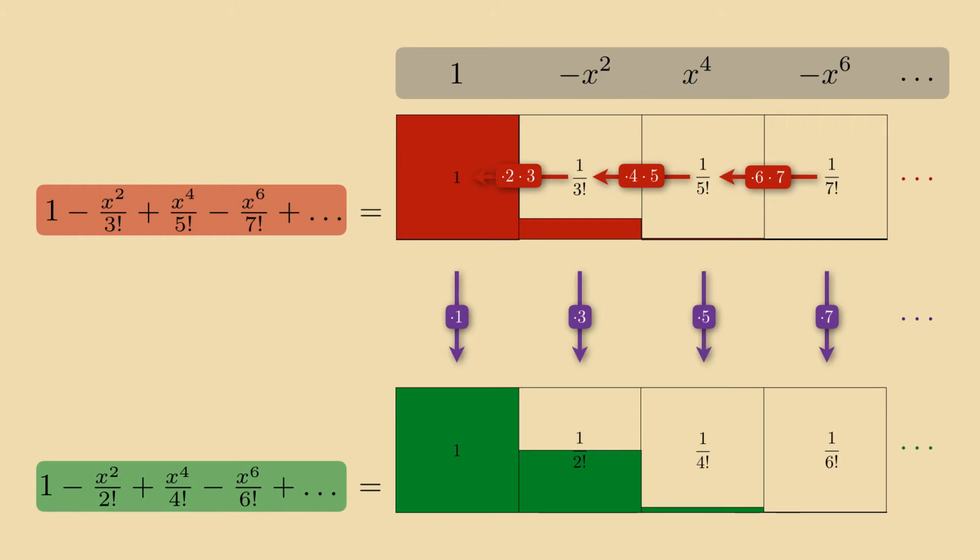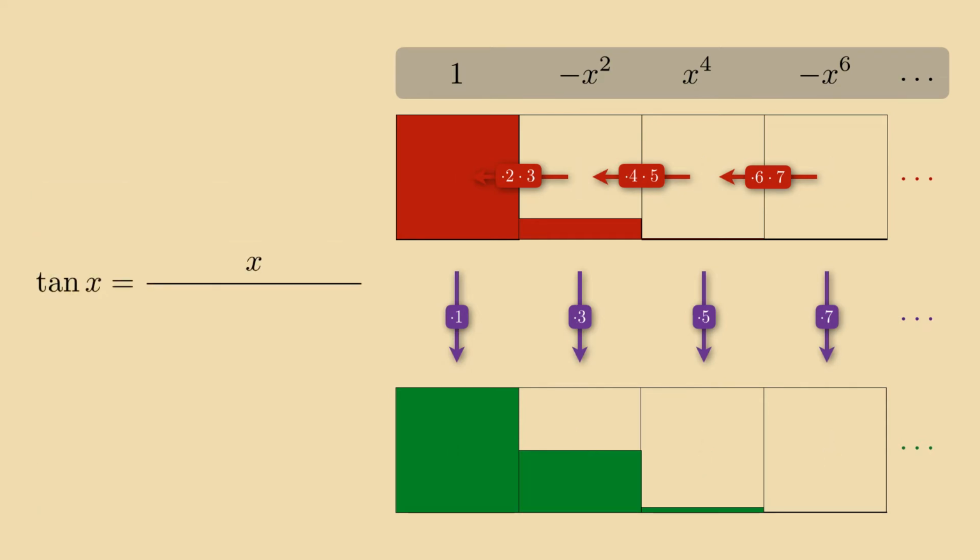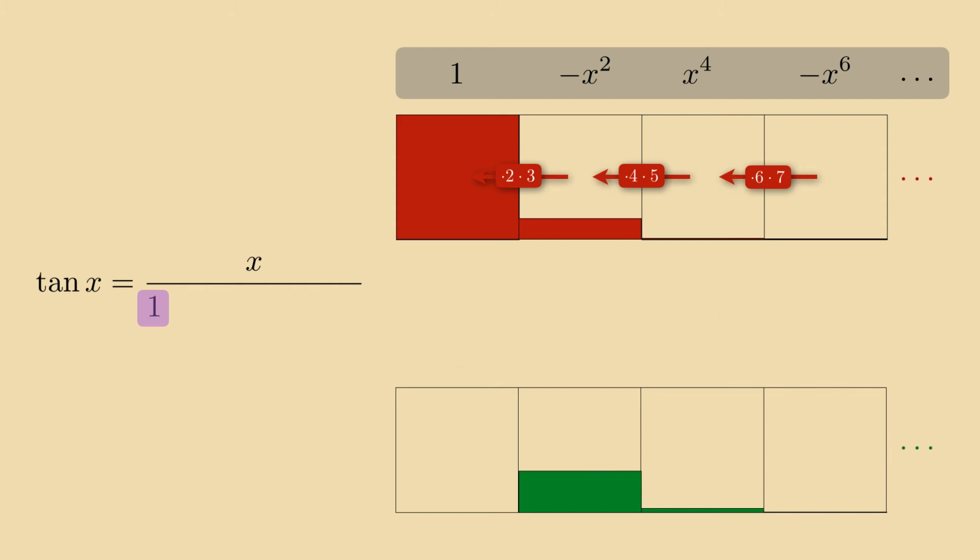The first fitting goes from top to bottom. This gives us an integer part of 1. This changes the middle multiplying factors to 0, 2, 4, 6, and so on.